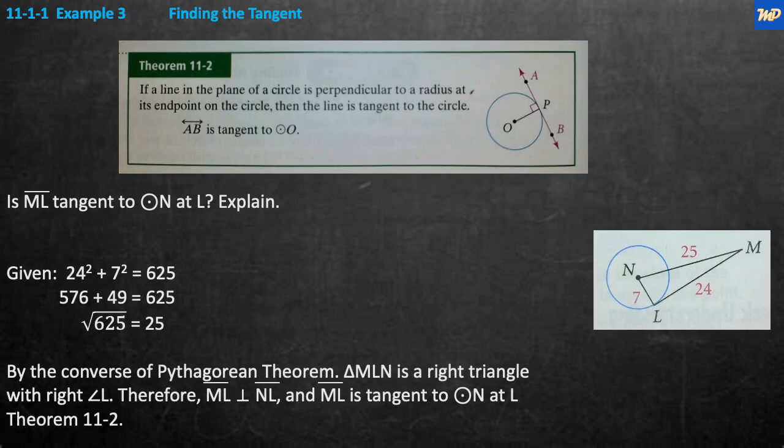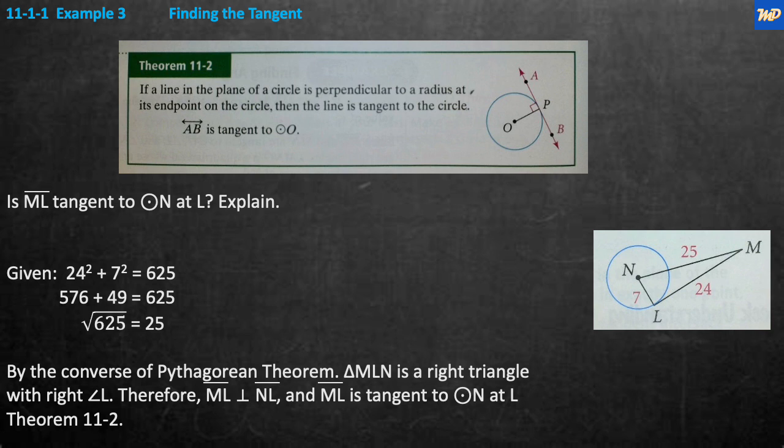It says here in Theorem 11-2, if a line in the plane of a circle is perpendicular to the radius at the end point on the circle, then the line is tangent to the circle. So line AB is tangent to circle O. Here's AB, the line they're talking about.